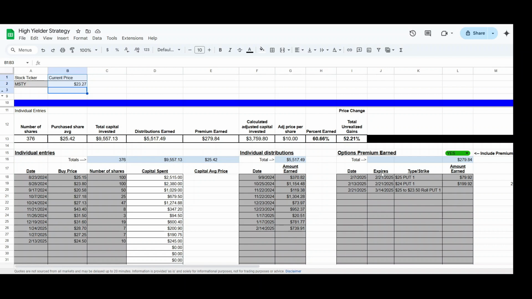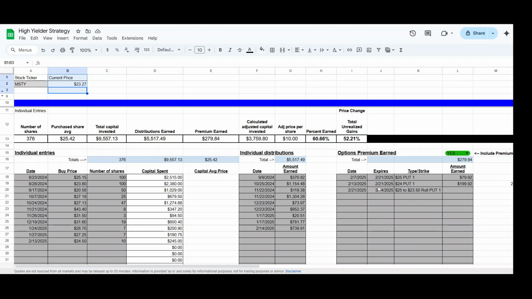Now on this table here, we showed previously the two puts that I had. I had the $25 put and I had a $24 put. The $25 put was opened on February the 7th with an expiration of February the 21st, which is today. And the $24 put was opened on February the 13th and expires February the 21st.